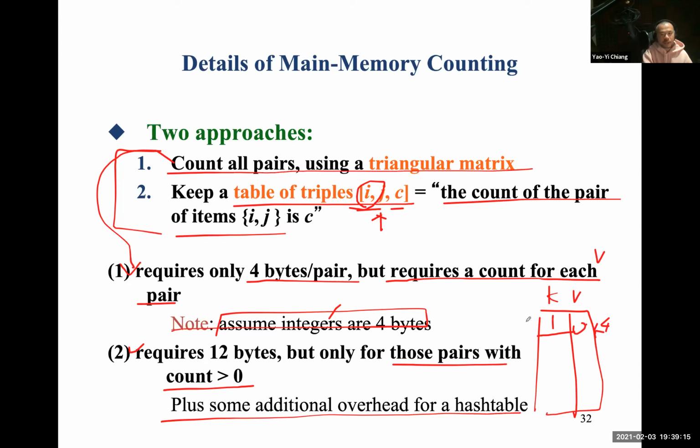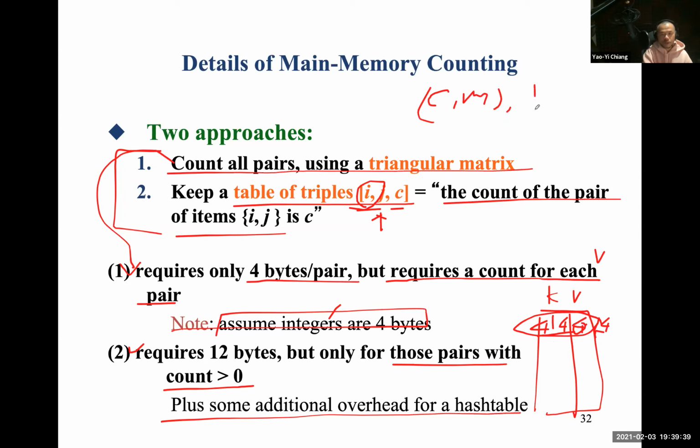What does this mean then? Well, if an integer is 4 bytes, then an item ID is 4 bytes, another item ID is 4 bytes, and a value is 4 bytes. So a total of 12 bytes for one entry in your key value pair. So Coke, milk is your key, and the value is the counter.